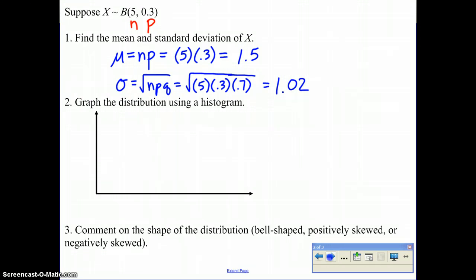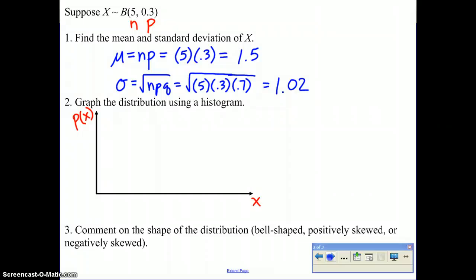All right, the next thing we're asked to do is to graph the distribution using a histogram. What they're asking us to do is to plot x, the outcome, against P of x, the probability of that outcome. So this really has nothing to do with mean or standard deviation. This is going back to what we were doing in the previous section.